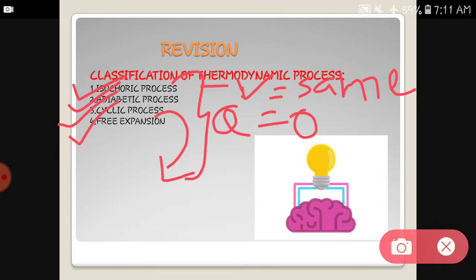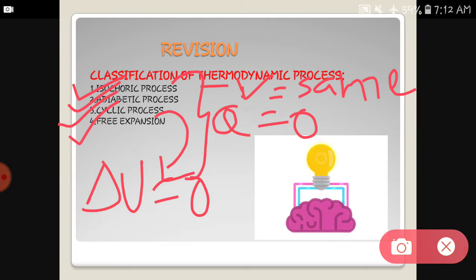The thermodynamic process that returns the system to its initial state, and again it goes back to the final state, and this happens cyclically, is known as cyclic process. In this case you can say that delta U is always 0, so the change in internal energy is 0.